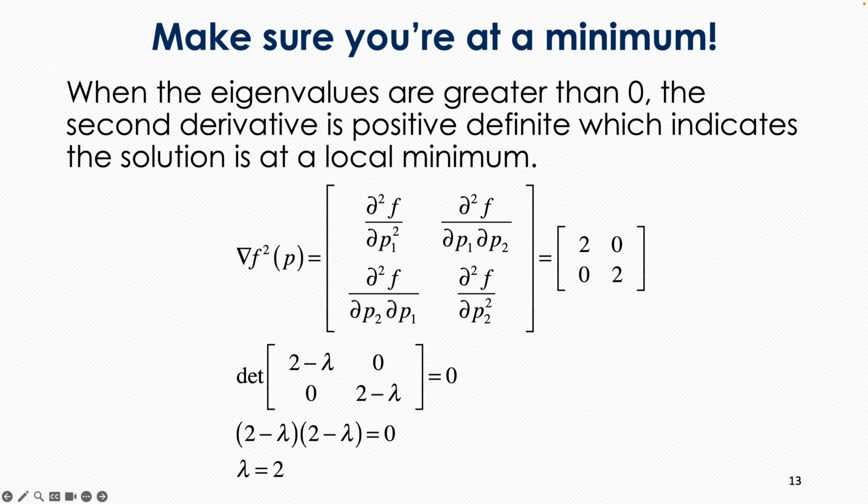In this particular easier example, we're just taking the second derivative with respect to each of my variables, and then we're checking our eigenvalues. And in this case, it is greater than 0, and so this is happening at a local minimum. That's what this whole bit is covering.